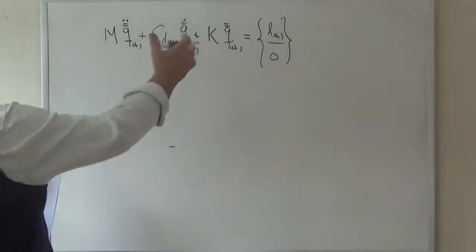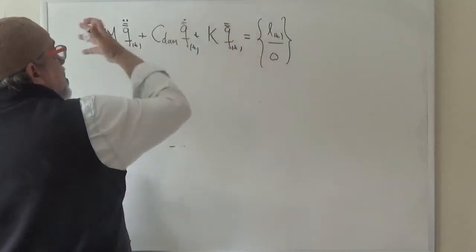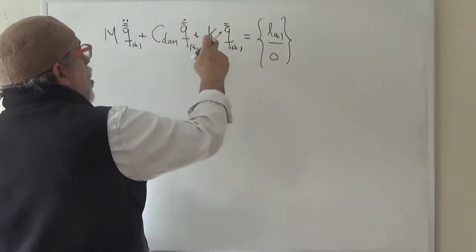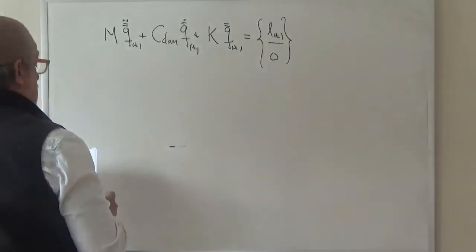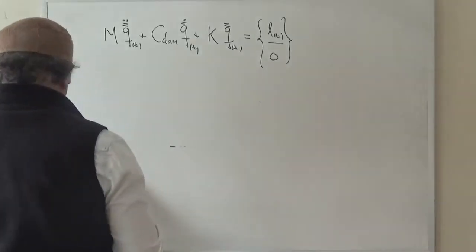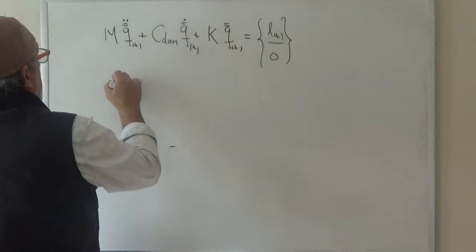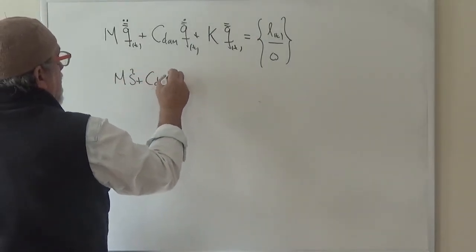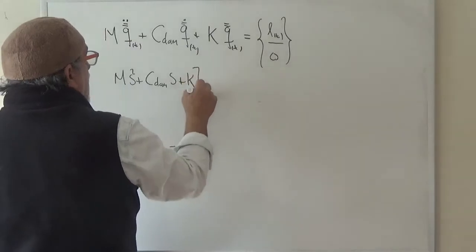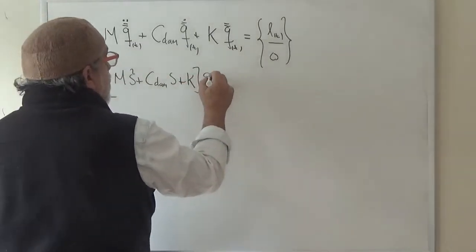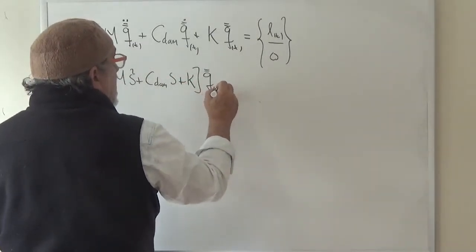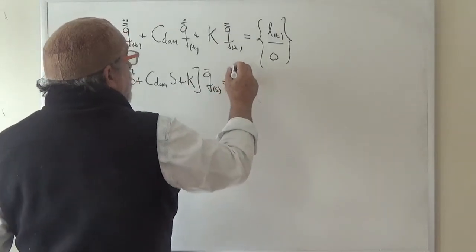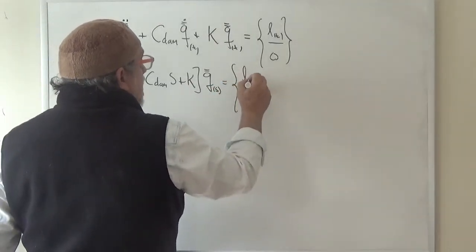And these loads are required to produce the same response whether this is K or this is K plus delta K, and this is the response that we're interested in. Now we're going to take a Laplace transform and get M s squared plus C damping s plus K as a common factor of q double bar of s, and this becomes L of s and 0.